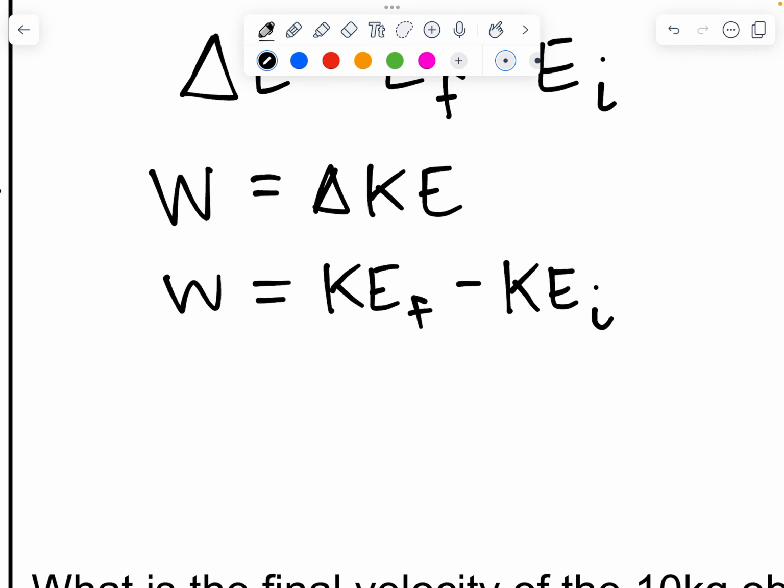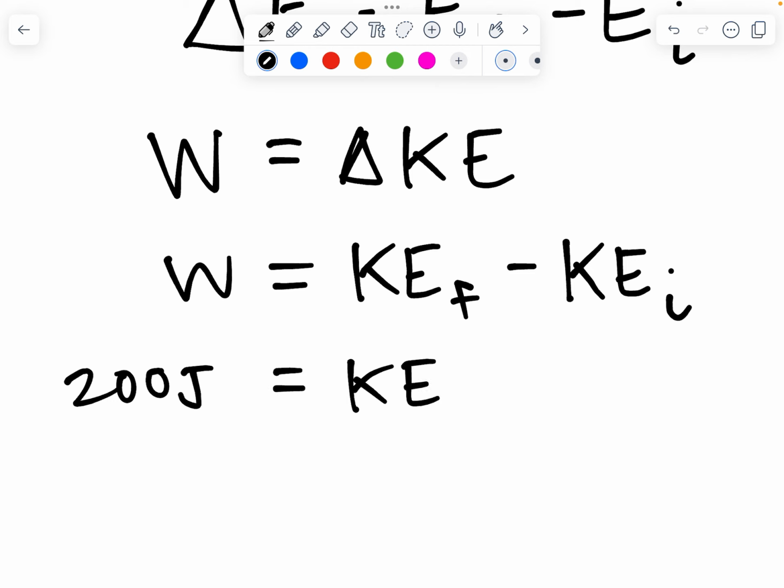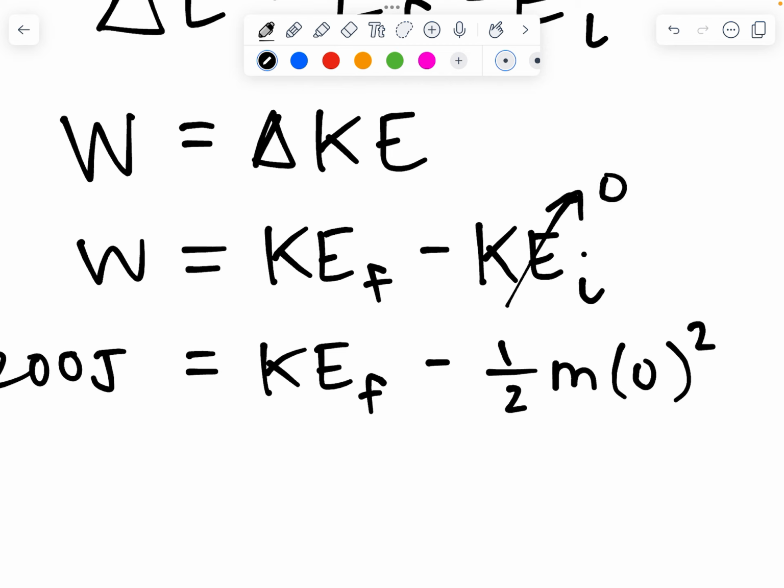And we know how much work was done. It was 200 joules. That was the work done by gravity. We don't know the final kinetic energy, but we do know the initial kinetic energy was 0, right? Because when we use this equation and replace velocity with 0, this whole expression goes to 0. 1/2 times m times 0 squared would give you 0.